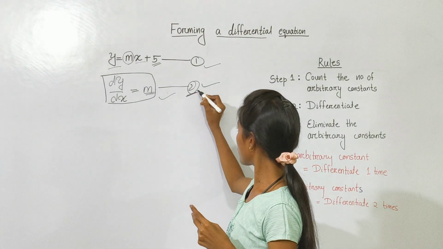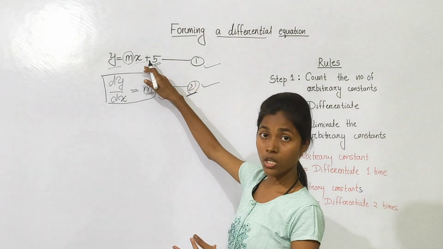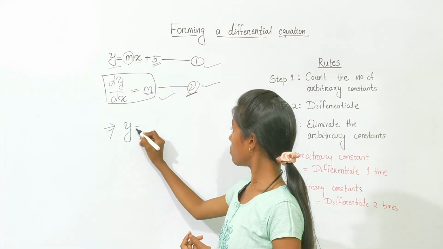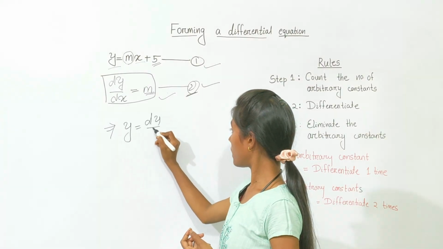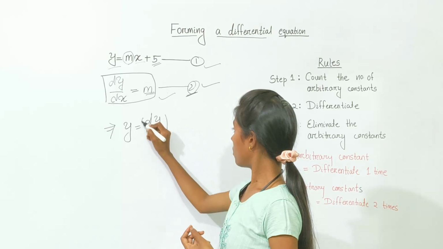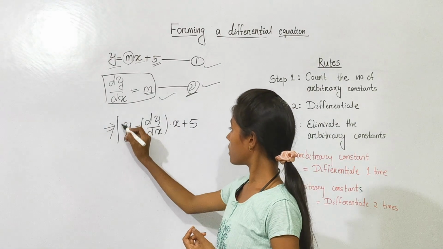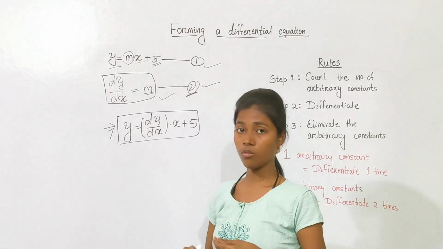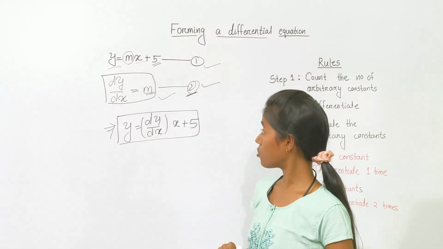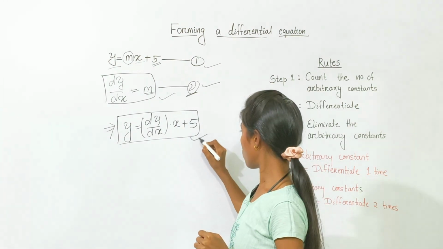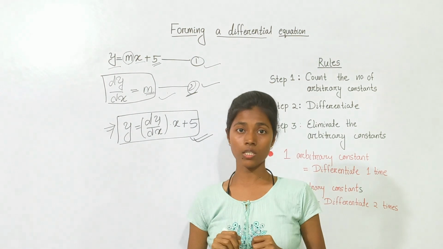You can substitute equation 2 in equation 1. What will you get? You will get y equals dy by dx into x plus 5. Now this is your final equation. You can see here there is no arbitrary constant. So this is your differential equation.